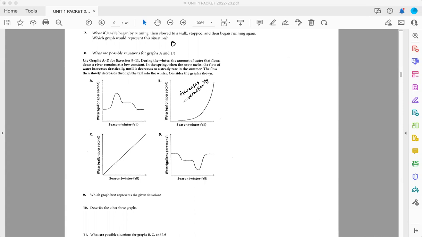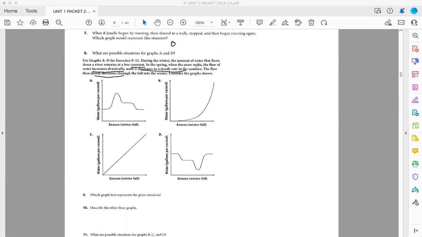And then it decreases at a steady rate. This kind of thing is just by itself, but remember we have more description. So this is not it. We have multiple things. We have first constant, and then we have increases drastically, and then decreases steadily, and then slowly decreases through the fall into the winter.